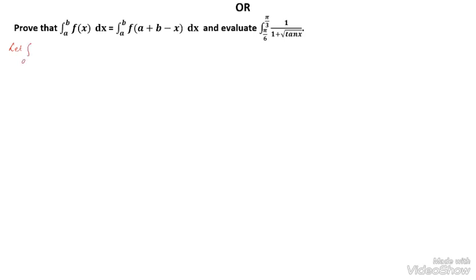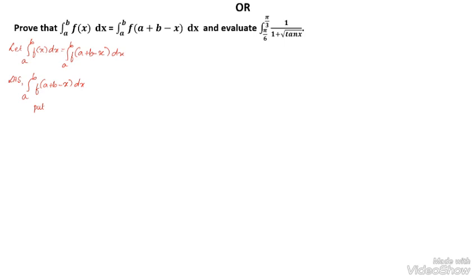Let the integral from a to b of f of x dx equal the integral from a to b of f of (a plus b minus x) dx. First I am taking the LHS part, the integral from a to b of f of (a plus b minus x) dx.